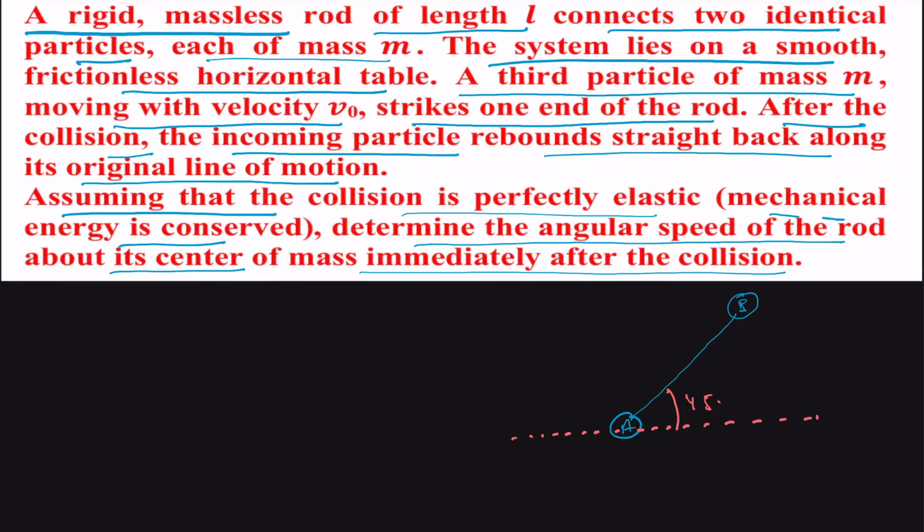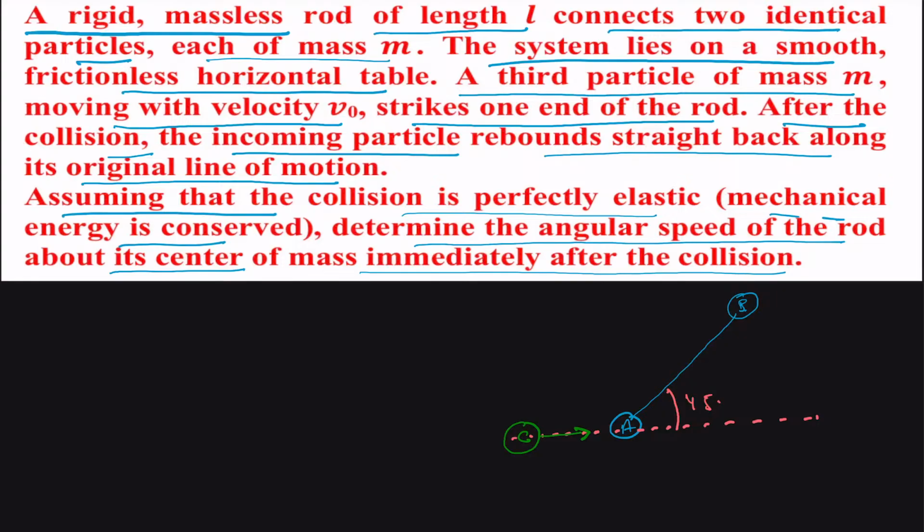It is also given that there is a third mass. Let us call this C, and it is going to strike our mass A. So we have to find out the angular speed about the center of mass.